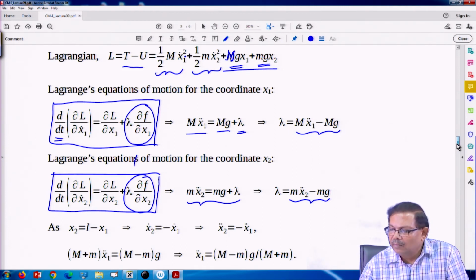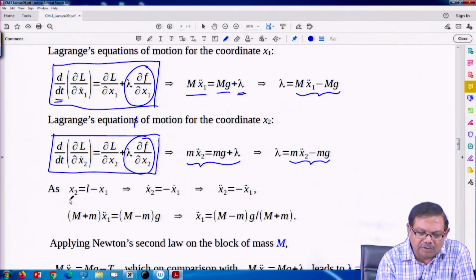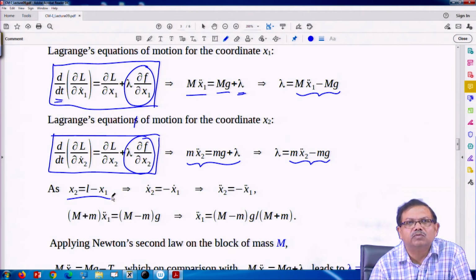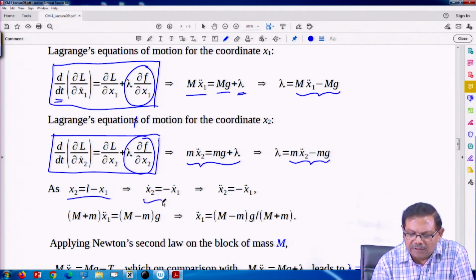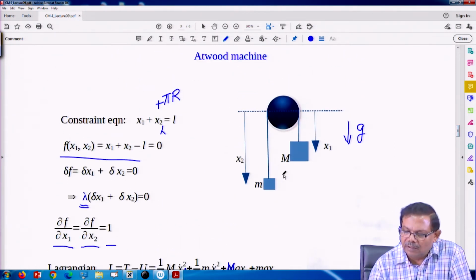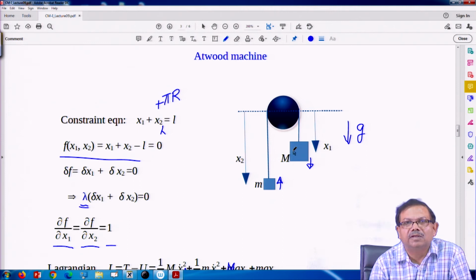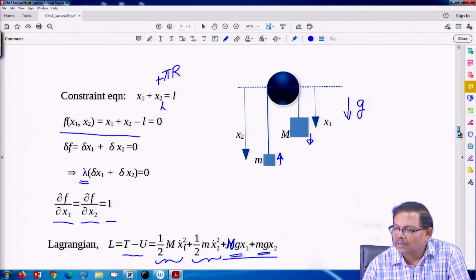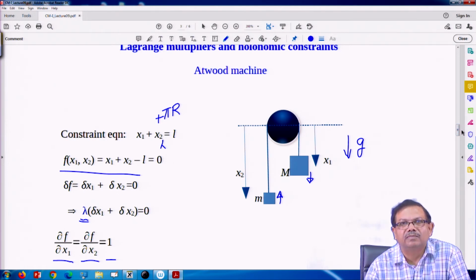Before equating, we must know that because of the constraint x 2 is L minus x 1. So, their velocities are in opposite directions. If this is going upward, this is going downward. Since the length of the string is always fixed, it cannot be stretched, otherwise that equation of constraint will change.